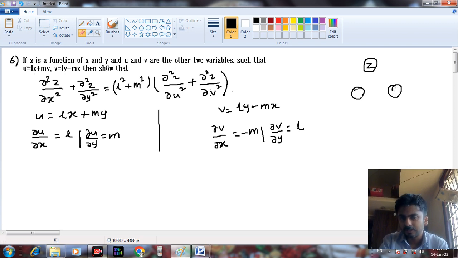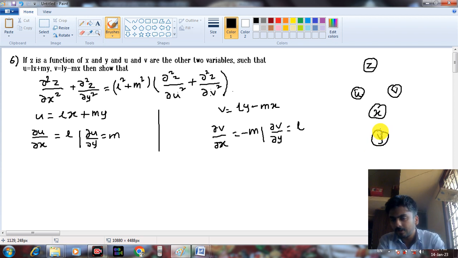See, z is a function of x and y. They have not given z, but they have given u and v. So z is the function of u and v, and these u and v are the functions of x and y. These diagrams are very important while we want to derive formulas.